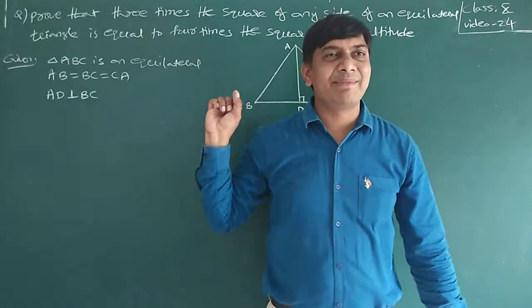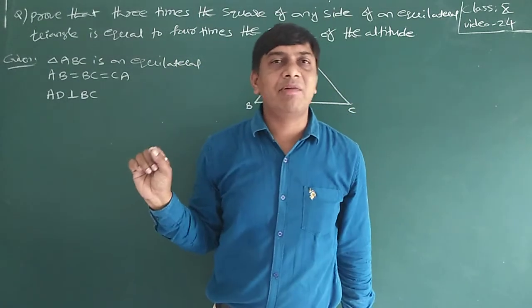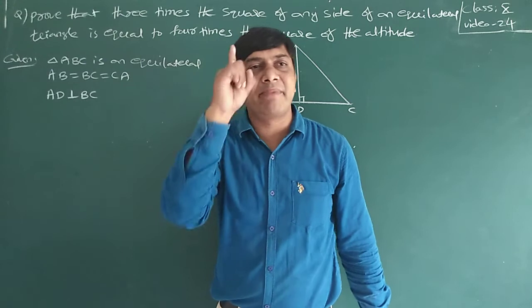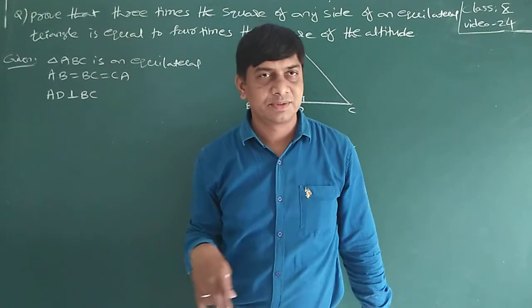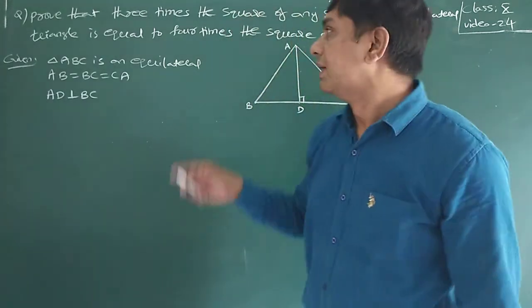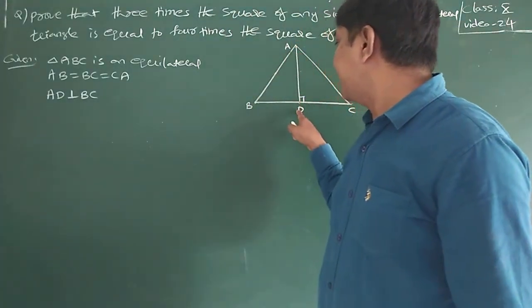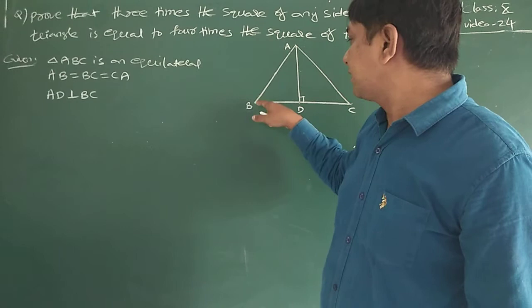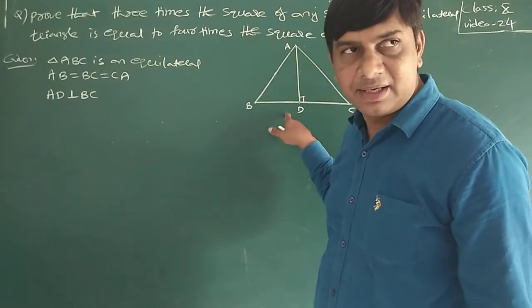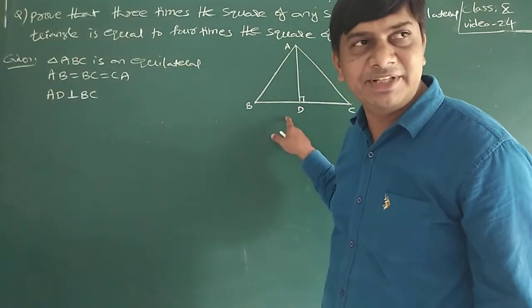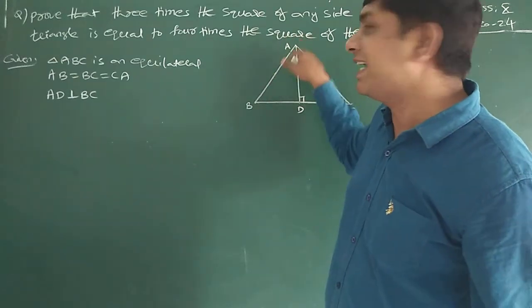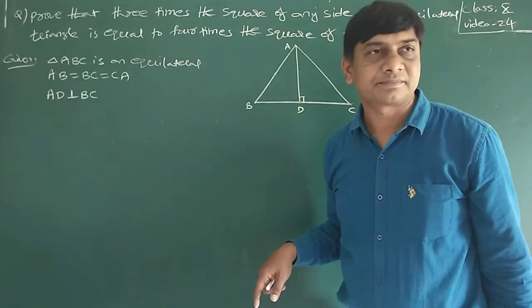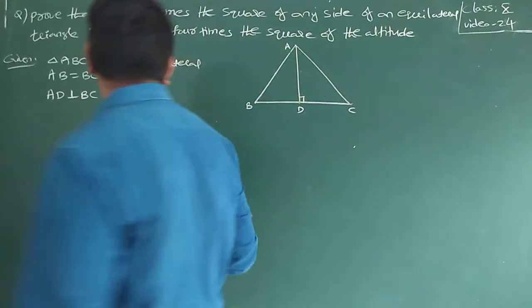One thing you need to remember here: in an equilateral triangle, altitude, median and angle bisector are all the same. This AD is the altitude of triangle ABC from A, this AD is the median of triangle ABC from A, and this AD is the angle bisector of angle A. Okay.